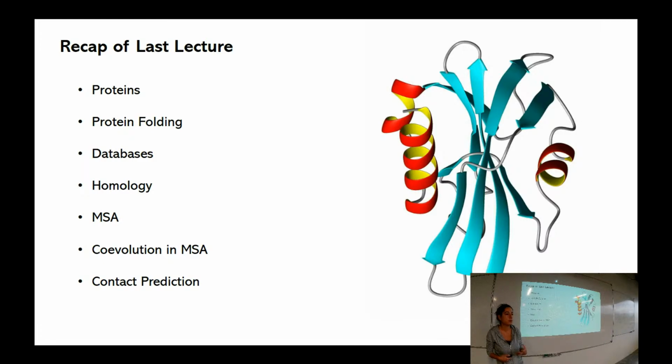Covariation, coevolution: we've seen that in a protein structure you have contacts between amino acids. Amino acids in contact are interacting, and these contacts can also undergo mutations, but the mutation needs to be compensatory in order for the contacts to be maintained. And you really see this effect in the alignments, and this is very useful.